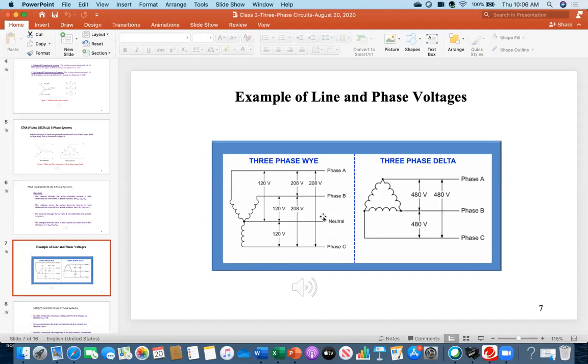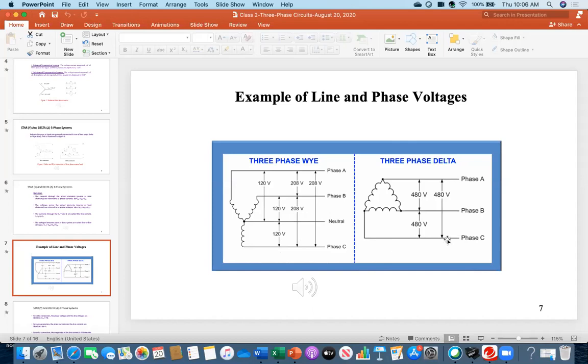So this means that in case of a three-phase Y connection system where there is a neutral line connected, the relationship between line to line voltage and phase voltage is that line to line voltage equals root 3 times the phase voltage.